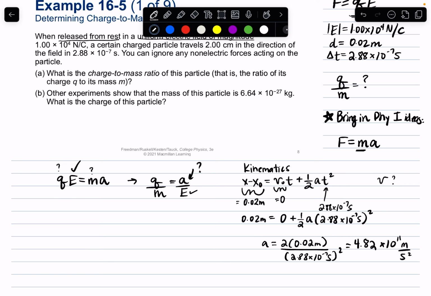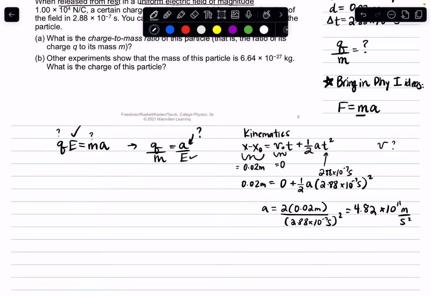So now we can plug that into our equation, q over m. That's what we're solving for, the charge to mass ratio. The acceleration, 4.82 times 10 to the 11, divided by the electric field.